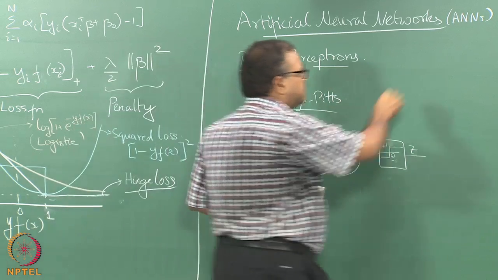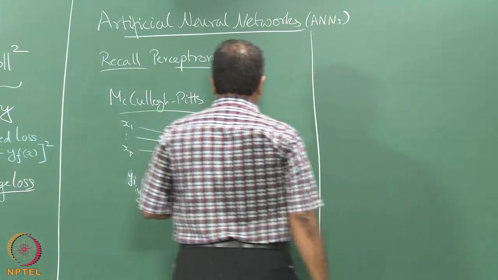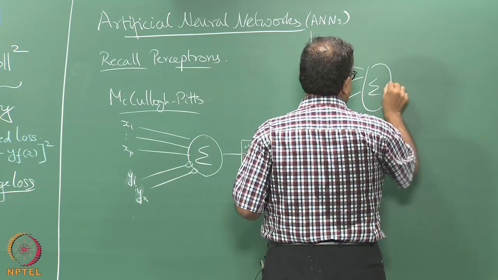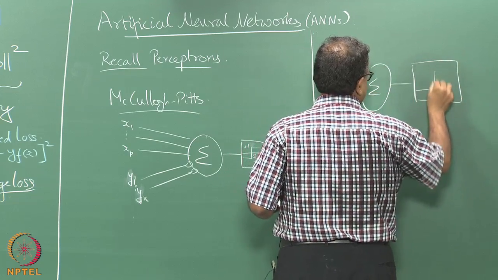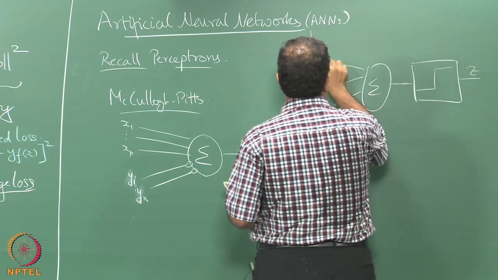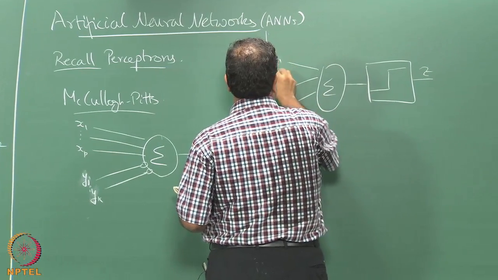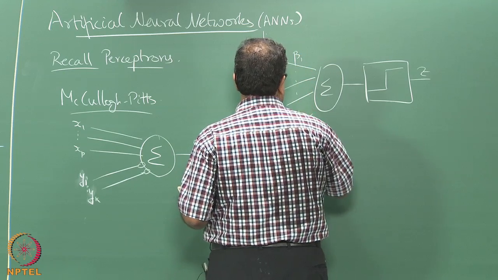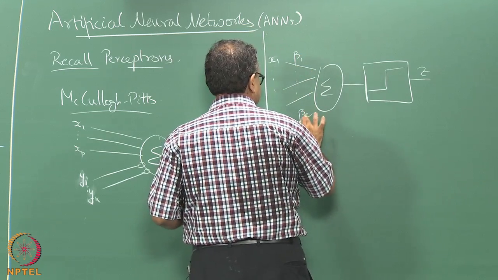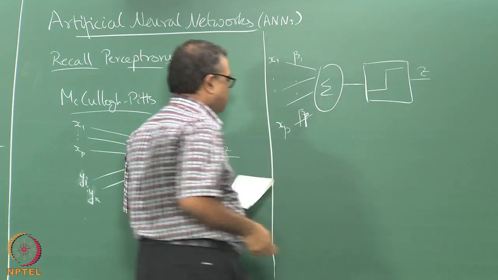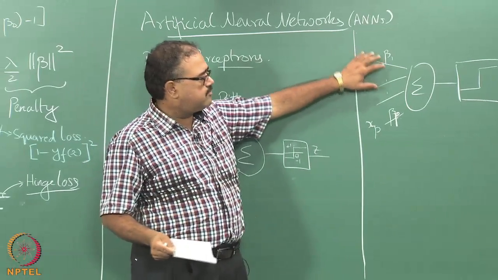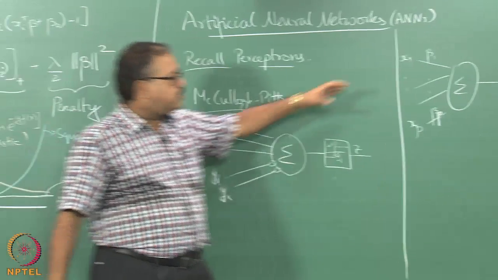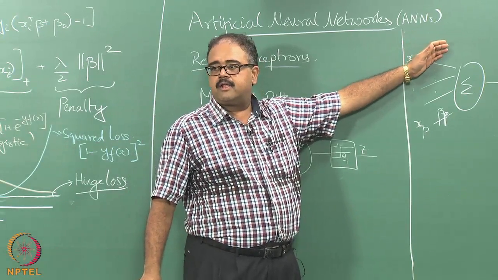So if you think about what the perceptron does, instead of taking x1 to xp and adding it up, I am going to multiply it by beta 1 to beta p.